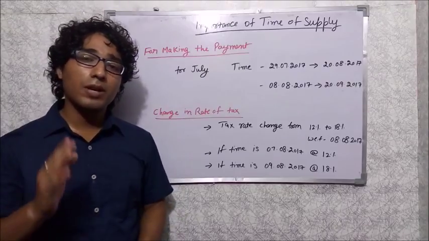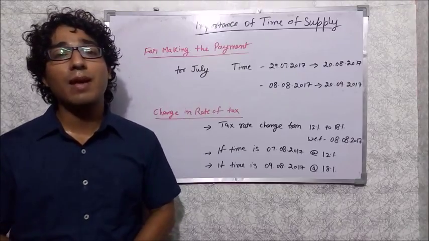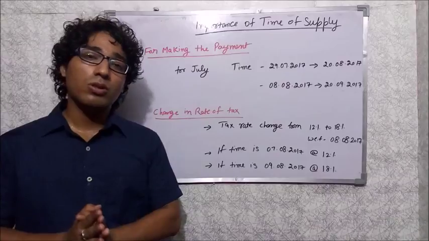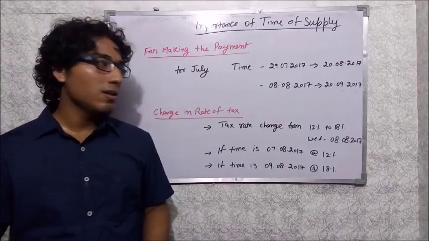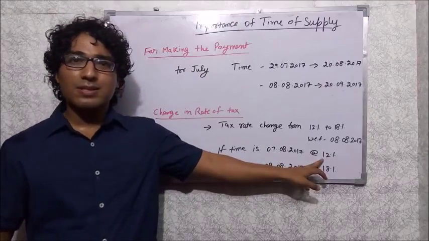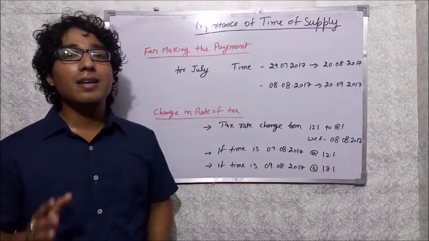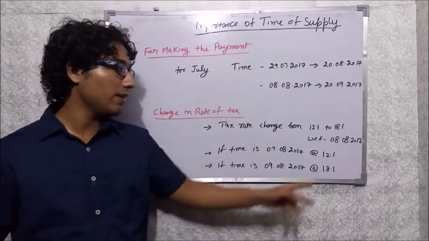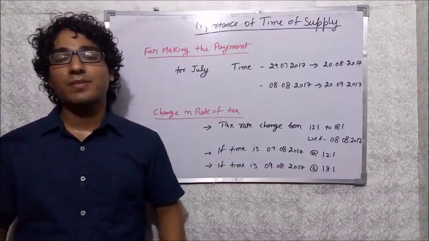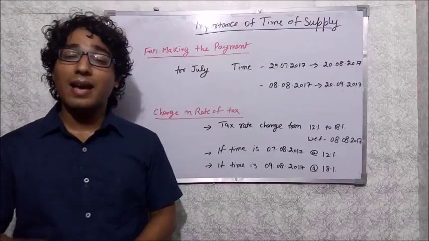So you have to make sure that you understand the concept of time of supply so that you can pay the actual rate of taxes. In case your rate of tax is 12% and you mistakenly paid 18%, then that is a very big margin and you end up paying extra taxes.